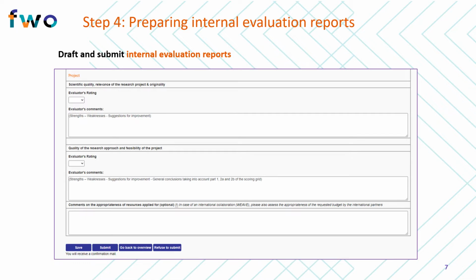You have to use this form to submit your comments and scores to FWO. Please do not forget to save your text regularly, as the e-portal does not provide an autosave function. In fact, if at all possible, we advise you to first draft your work in an offline document and to copy-paste it to the form when you are finished writing the report. Also, please remember to press the Submit button at the bottom of the page to actually send the report to us.